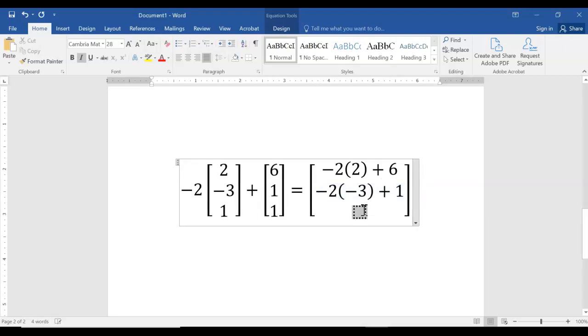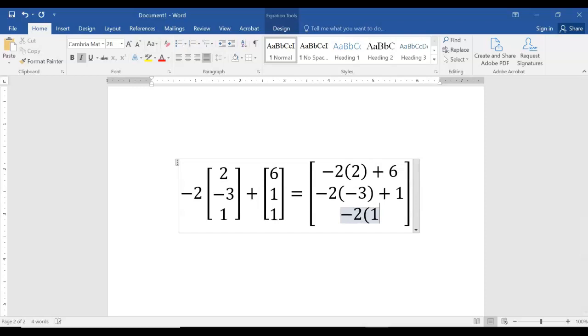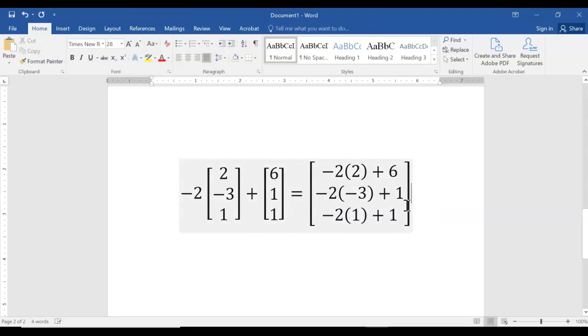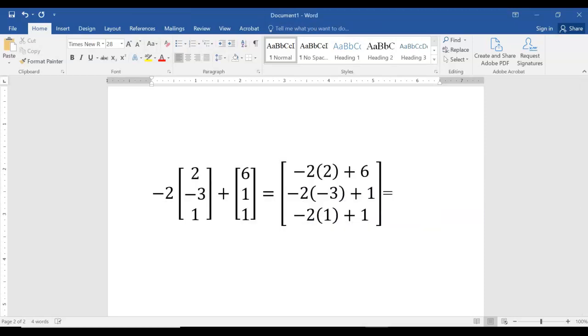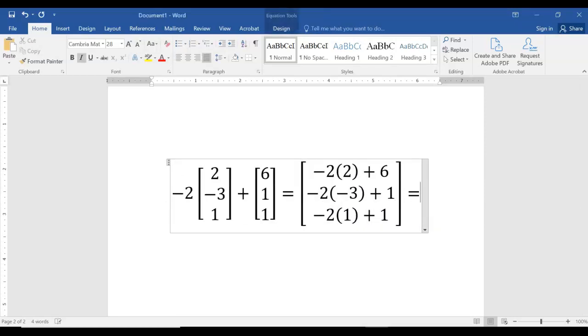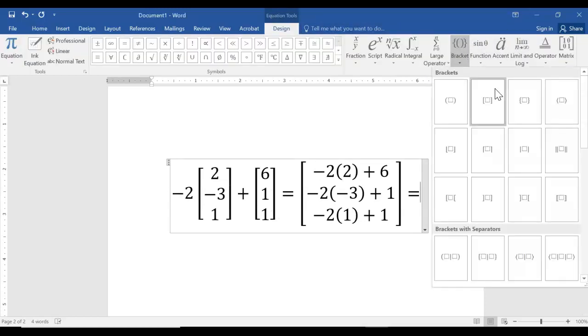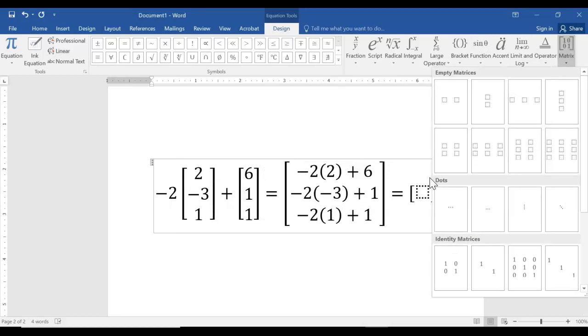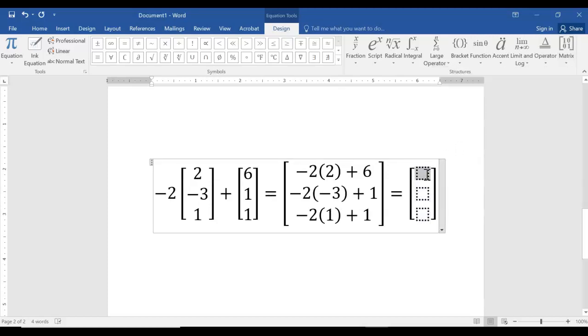And then I'm going to get negative 2 times 1 plus 1 as my last entry. So what are we going to get? Negative 4 plus 6 is a 2.